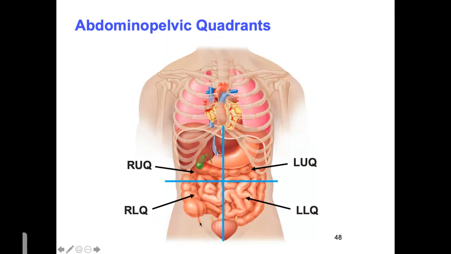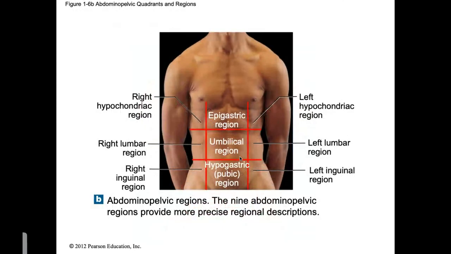Maybe it's the vermiform appendix. Could be an appendicitis. Okay? Or right upper quadrant pain. Maybe it's the gallbladder or the liver that's inflamed. Okay? So knowing where the body parts are help you understand why people may experience sensitivity in certain quadrants.